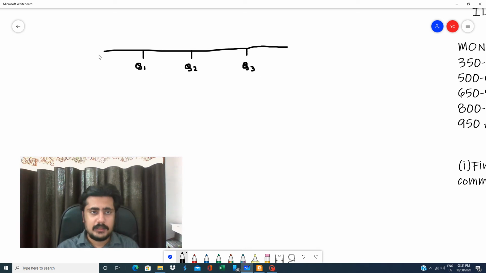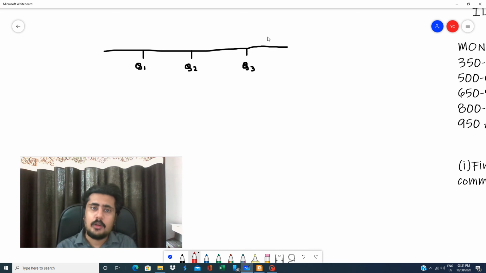This line is of 100%, and four parts are there. That means each part is 25%. This is 25, this is 25, this is 25, this is 25.